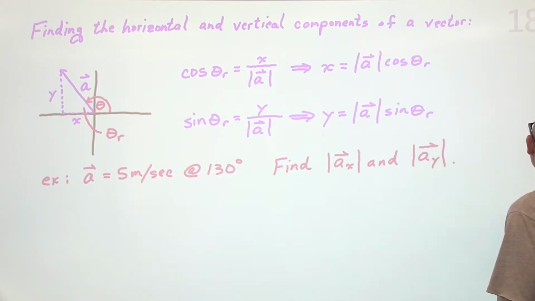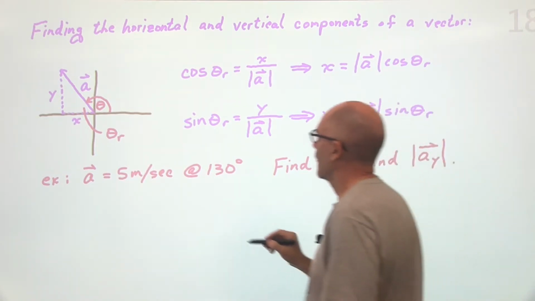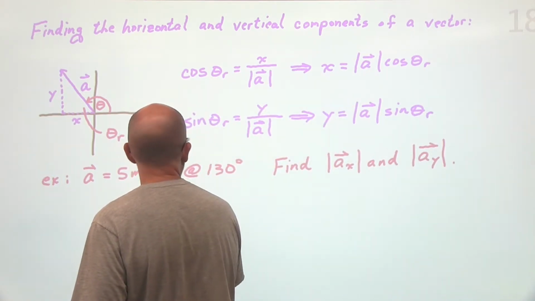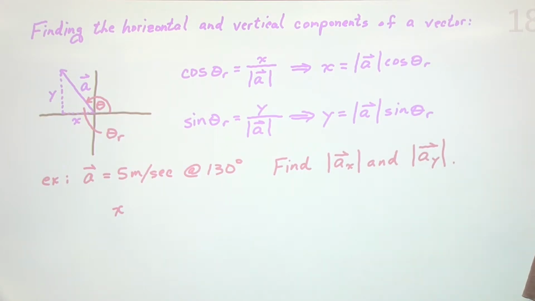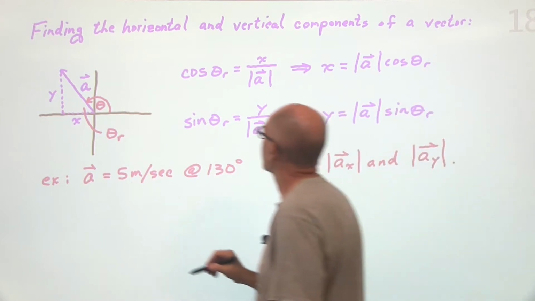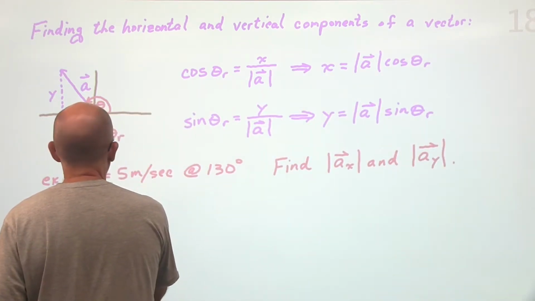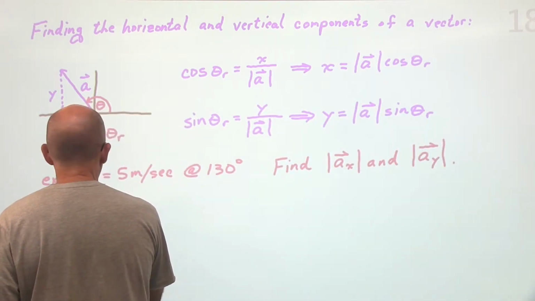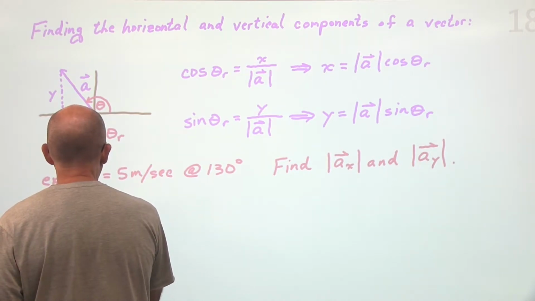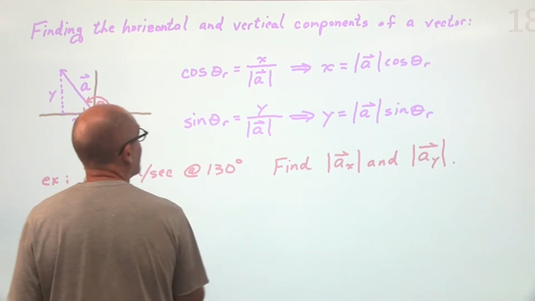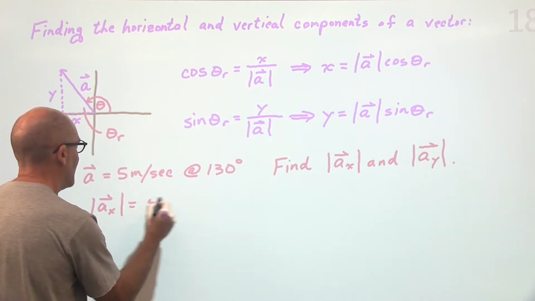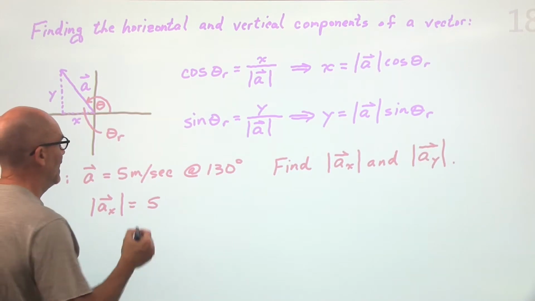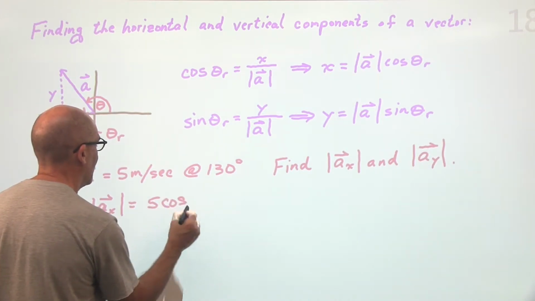So what we do is we just say x, well, let's be more proper with the notation here. So the magnitude in the x direction is going to be the entire magnitude of the vector, which is 5, times cosine of the angle.